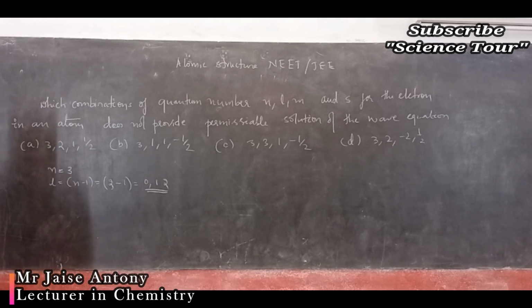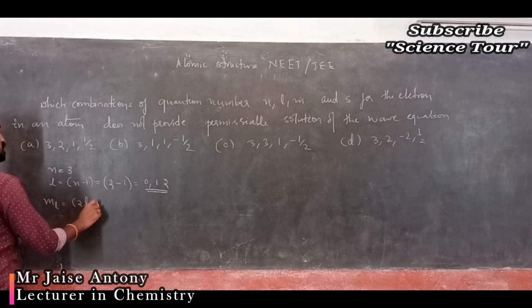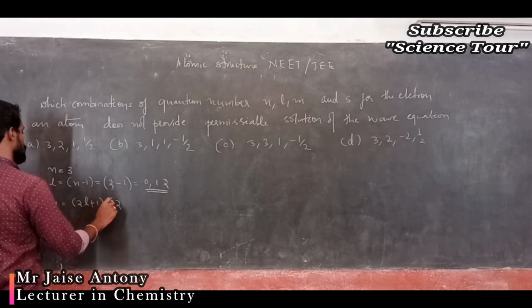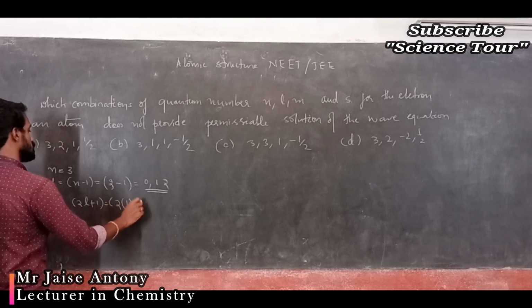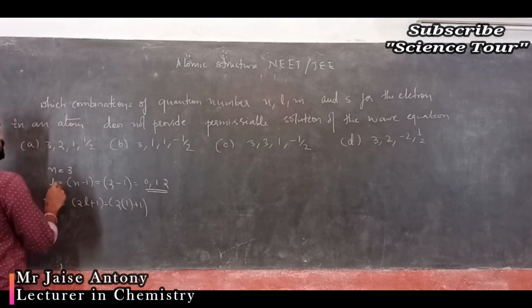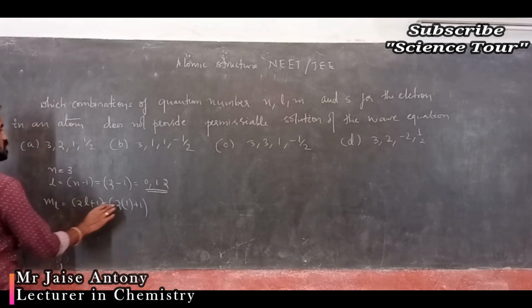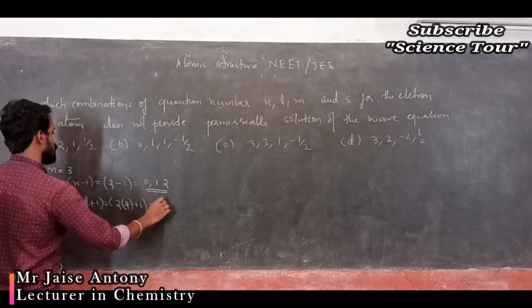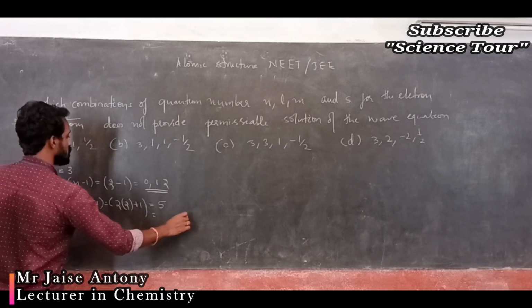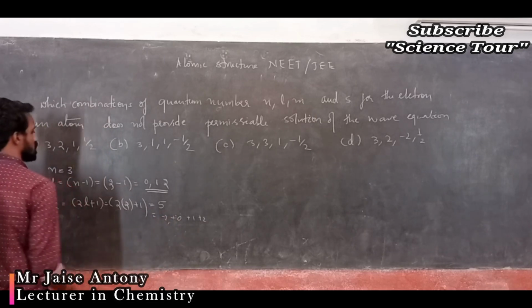For ml value, 2l plus 1 is 5. When l is given as 2, that is 5: 0, plus 1, plus 2, minus 1, minus 2, like this you have to write.